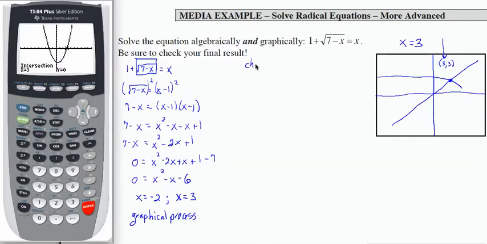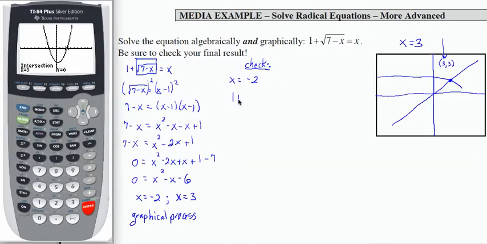So let's see what happens algebraically when I check. If I check x equals -2, what I'm going to do is put -2 into the left side and then see if I get -2 on the right.